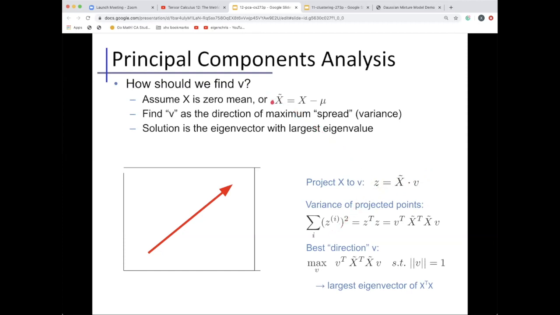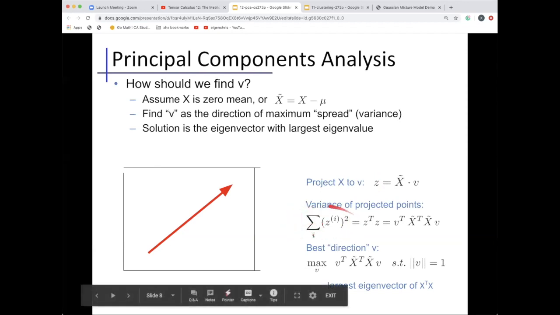Because your data has zero mean, the projected points Z will also have zero mean. And then the variance is simply the summation of squares of each individual data point, Z_i squared, and if I divide by M, that is the variance of the projected points.